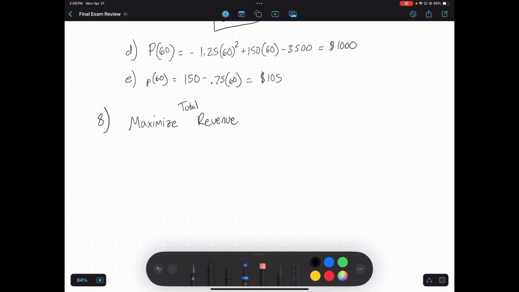So, if I want to maximize total revenue, what am I going to need an equation for? Total revenue. So I want to create a total revenue equation here. But if we read this problem carefully, what does this total revenue depend on?